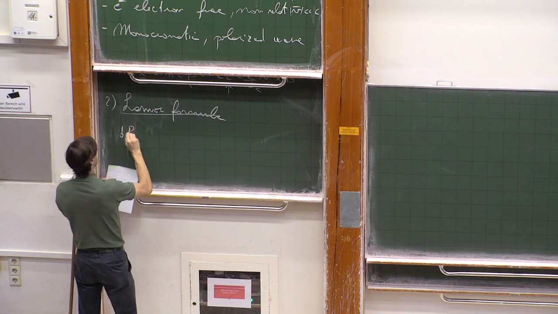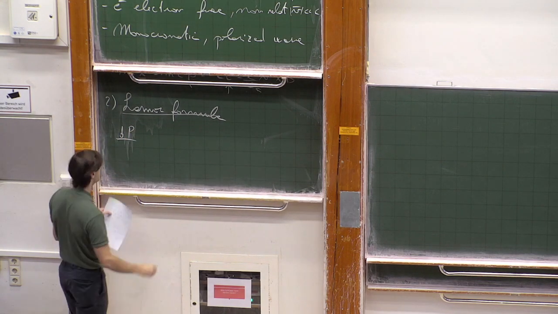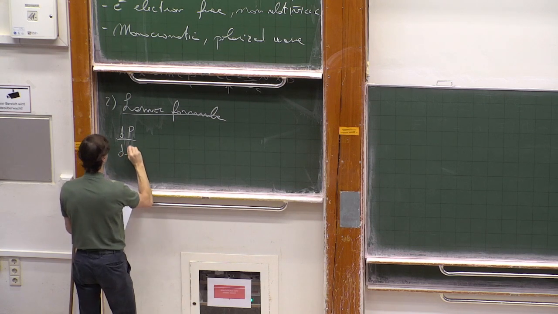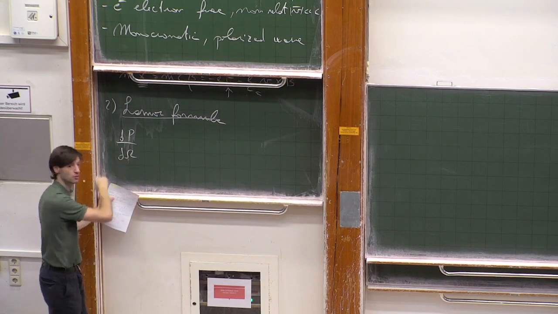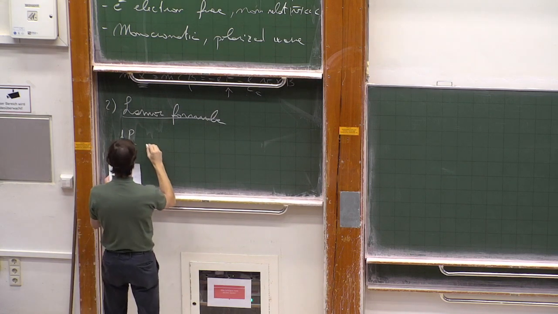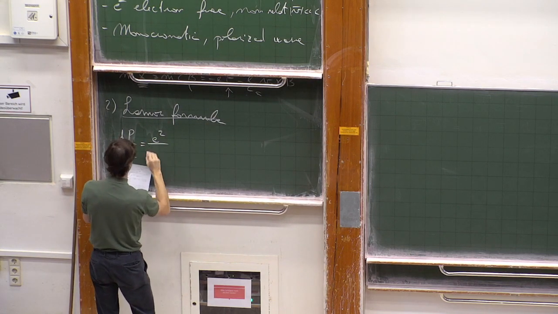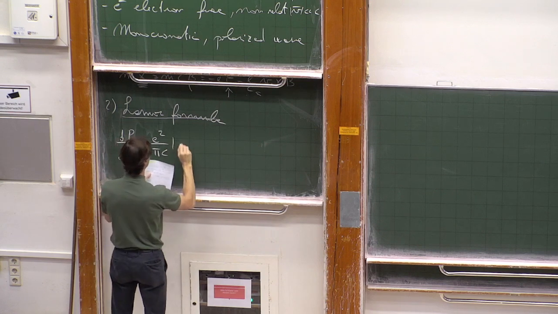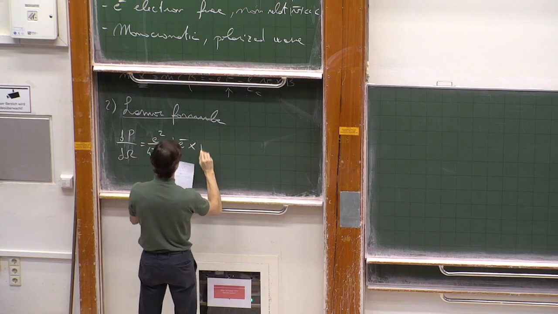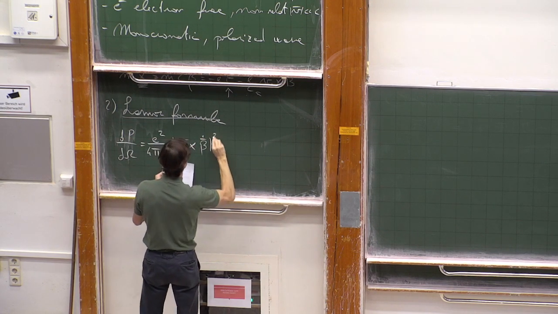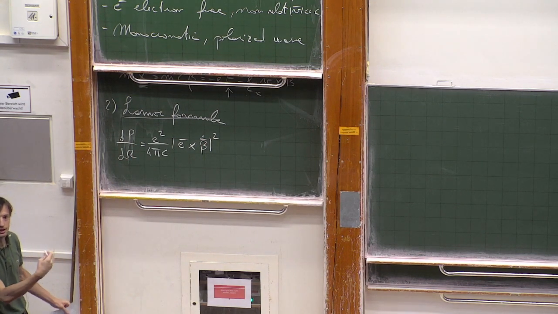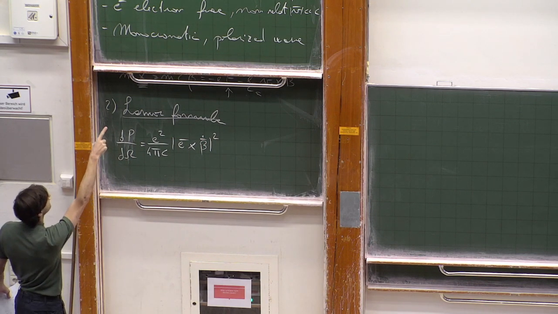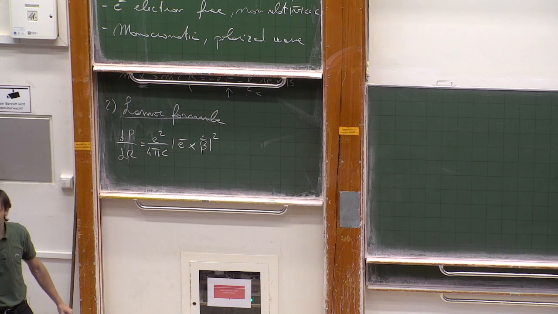We have that the power emitted per solid angle, so that's the amount of energy emitted per unit of time per solid angle, is equal to e squared over 4 pi c times n cross beta dot, squared. That's the non-relativistic expression, right? I can use it straight away because I already said in the first place that it is non-relativistic.